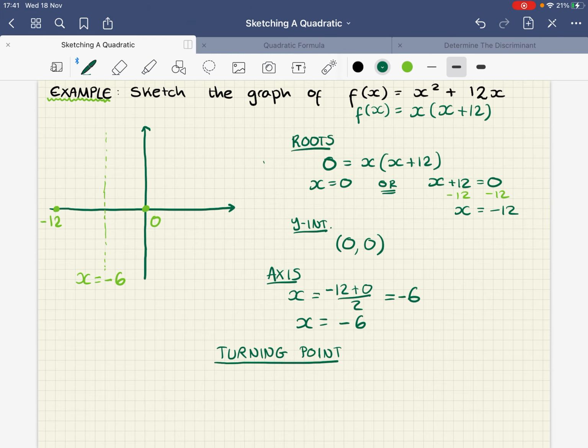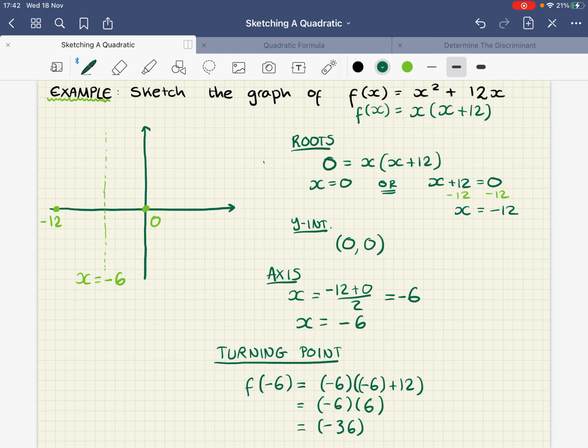I'm going to put it in the factorized one just because sometimes that can be a little bit nicer to work with. So substituting that negative 6 in, I'm going to have negative 6 times negative 6 plus 12. So it's going to be negative 6, and then that will be a positive 6. So that's just going to be negative 36.